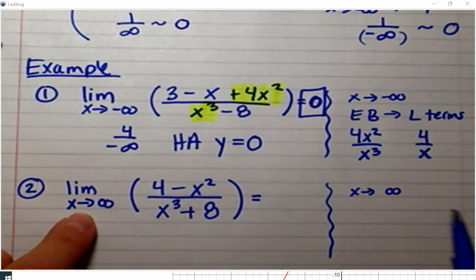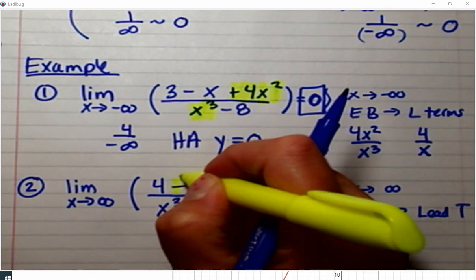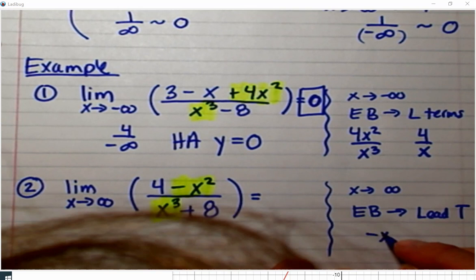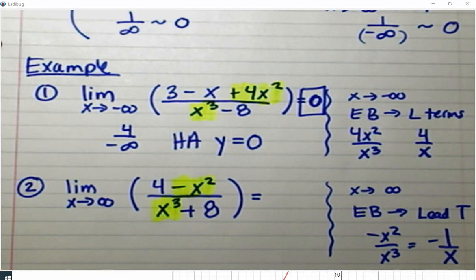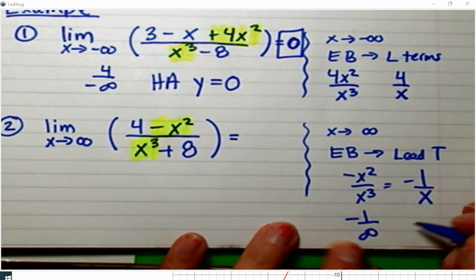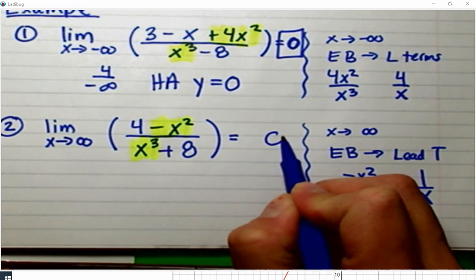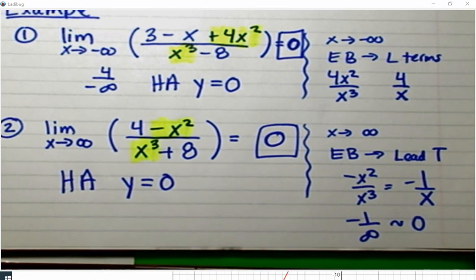So x is positive infinity, which means I'm dealing with end behavior, which means I have to look at the leading terms. Okay, and then my leading terms will tell me what to do next. Oh, bottom heavy. So if I'm thinking about what happens here, it's basically 0, which is a horizontal asymptote at y equals 0.